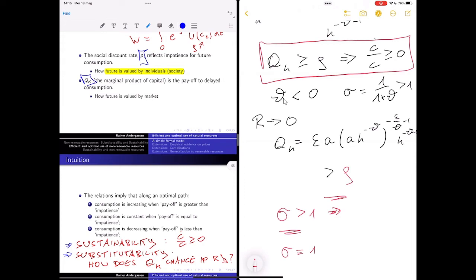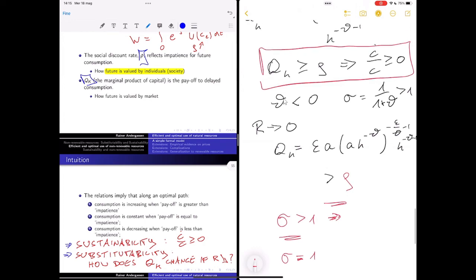I'm going to show you next lecture that in the case of sigma equals 1, even though sustainability is feasible, it is not necessarily socially desirable. That's something I'm going to show you next time, with an example. But is it clear?